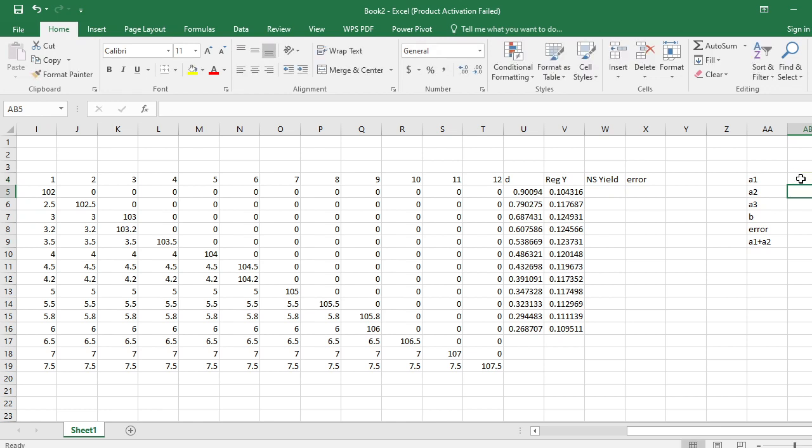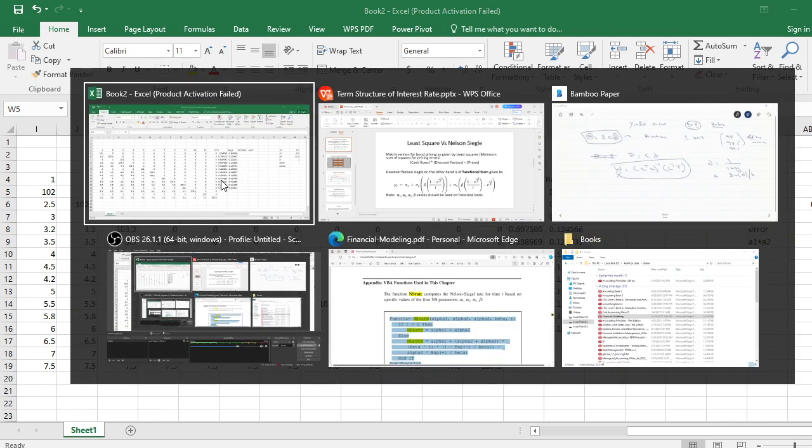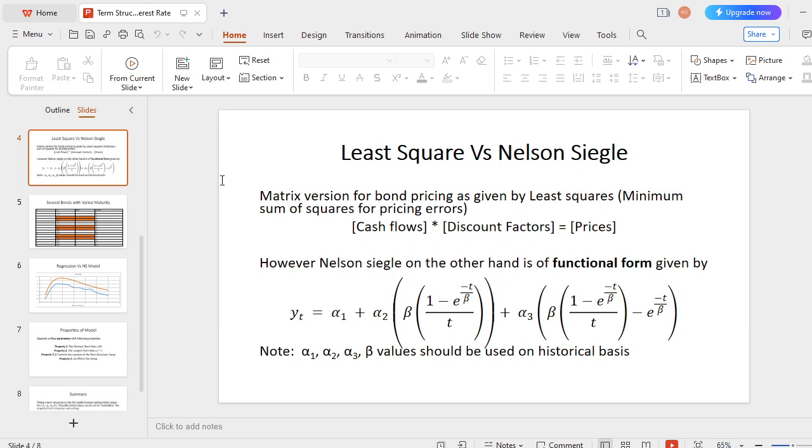Put 0.1 here, minus 0.5, 0.5 here, 0.1, let's say 3 here, and beta should be more than 1. So that's a condition, and error I'll find out later on. This is given in these equations: alpha 1, alpha 2, alpha 3, and beta.